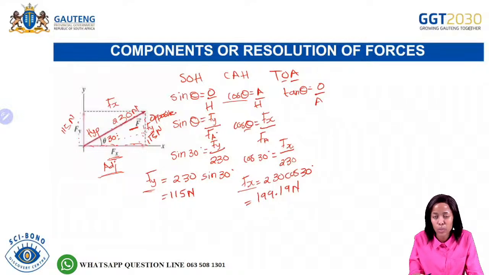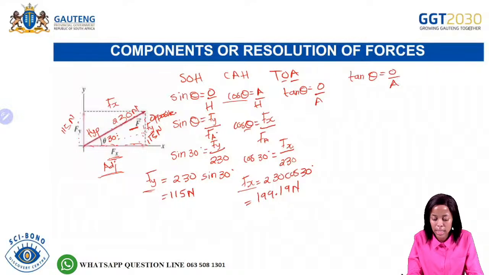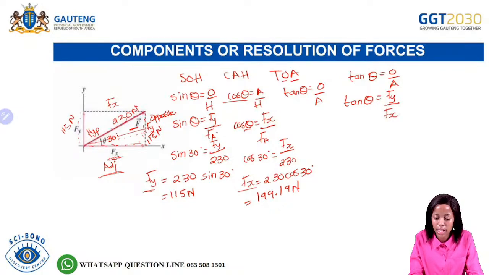So let's just say that maybe you also wanted to use tan theta. So tan theta is equal to opposite over the adjacent. What is our opposite? Our opposite is Fy in terms of theta. So opposite over the adjacent, which is then our Fx.